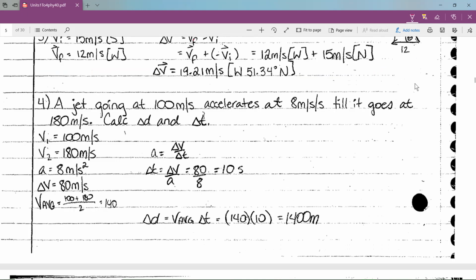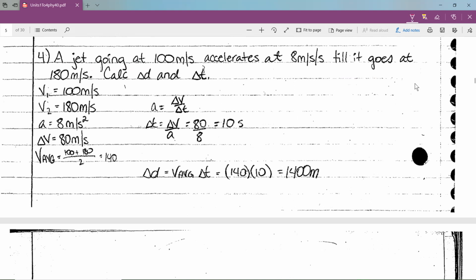Let's look at a fourth example. A jet, maybe a Winnipeg jet, is going at 100 meters per second, accelerating at 8 meters per second squared. Then it goes at 180 meters per second. Calculate delta d and delta t, and let's always calculate v average, or try to anyways.